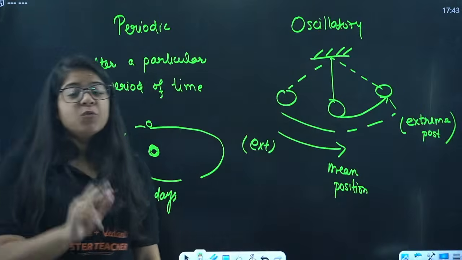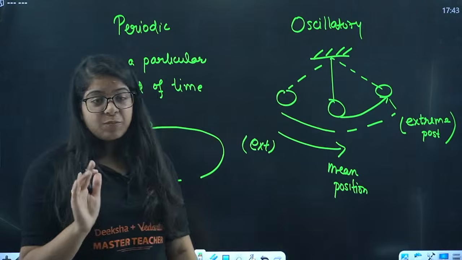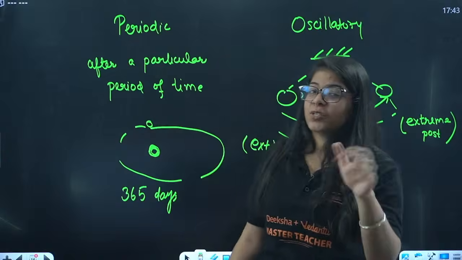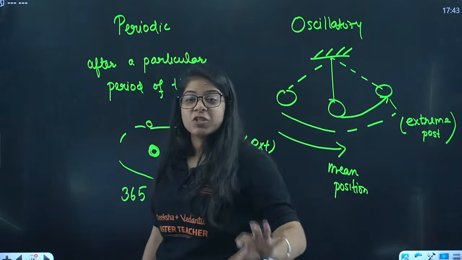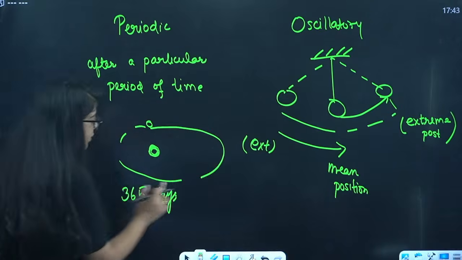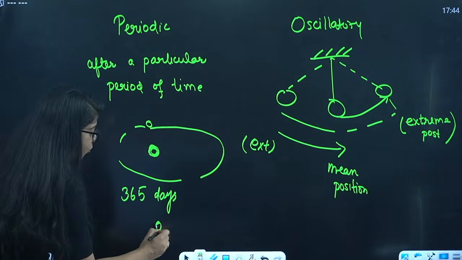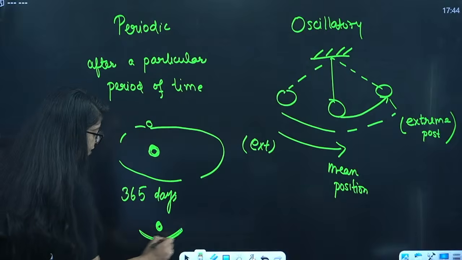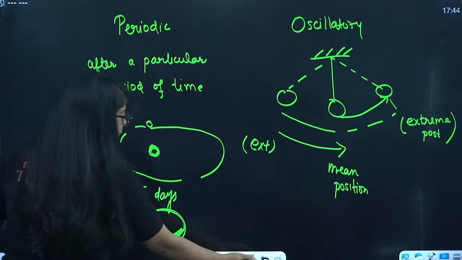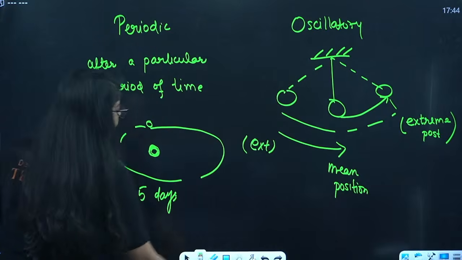The periodic motion can be an oscillatory motion. See, there is a phrase I remember, every oscillatory motion is a periodic motion, but every periodic motion is not an oscillatory motion, because the earth is not oscillating about a mean point. Okay, it is not going like this. It is completing a full circle, but in a particular period of time.